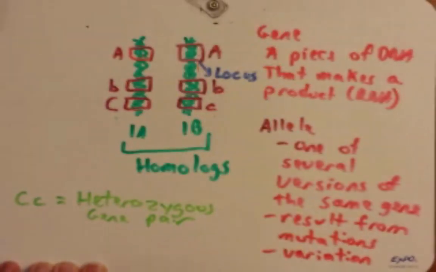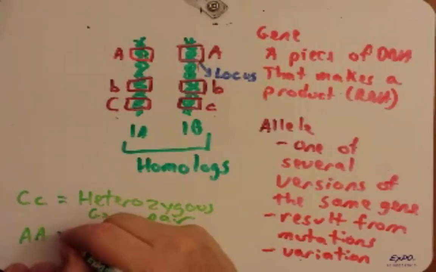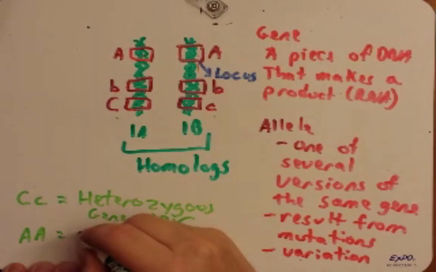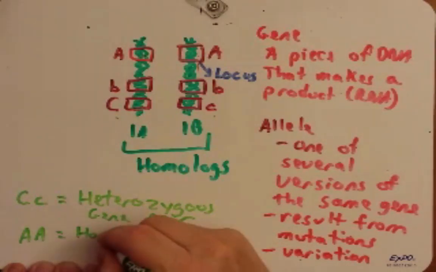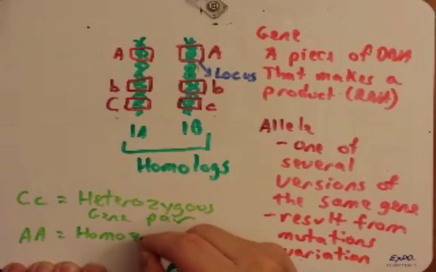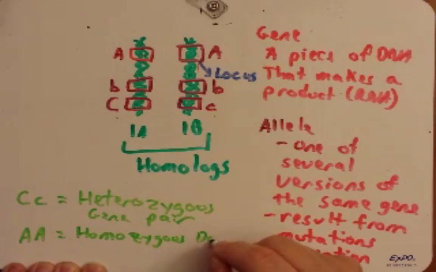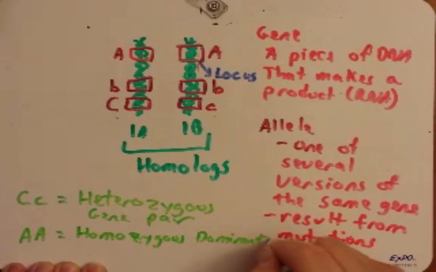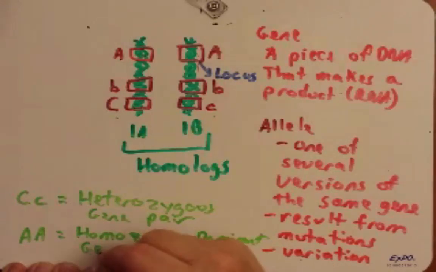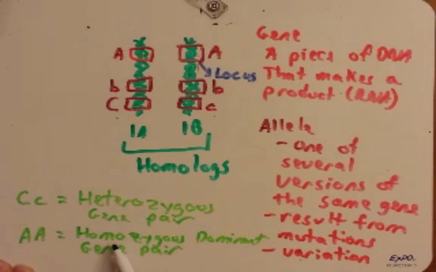Whereas big A is an example of a homozygous dominant gene pair. We call it homozygous dominant. Homo means the same. Dominant means that they are both the unmutated alleles. Big A, so we call that dominant.